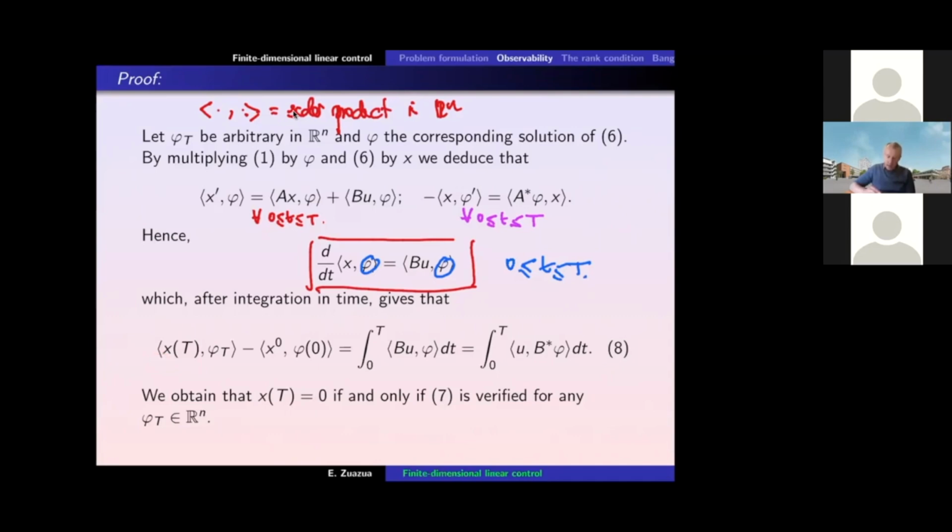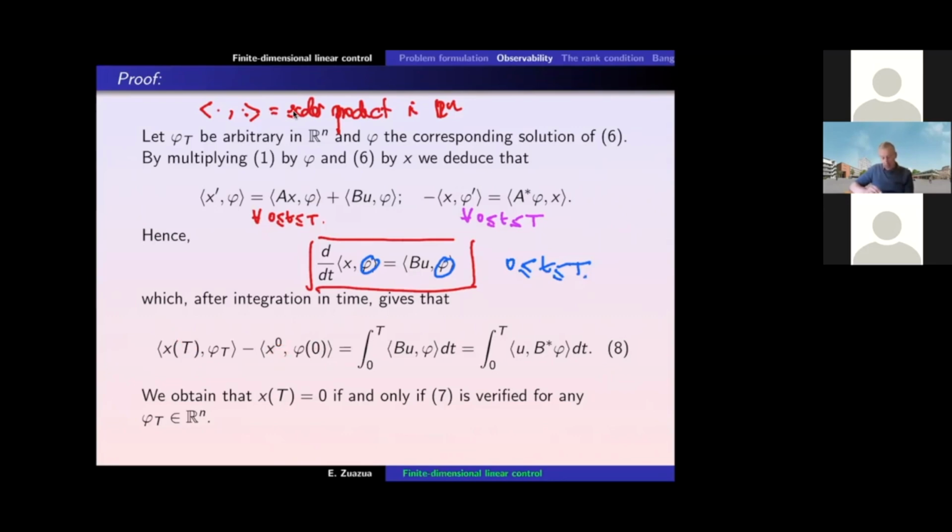I know that the value of phi at time capital T is phi_T, because this is something I can choose. It's actually the Cauchy value of the adjoint state at time capital T. So I have the scalar product of x and phi at time capital T, minus the scalar product of x0 and phi at t equals 0, where x0 is the initial datum for x.